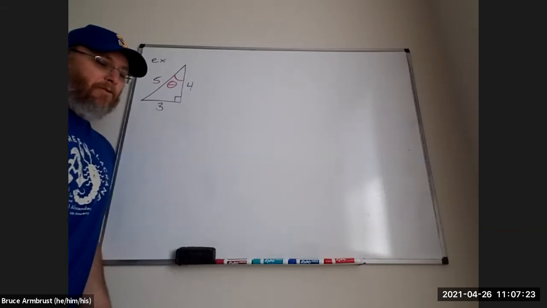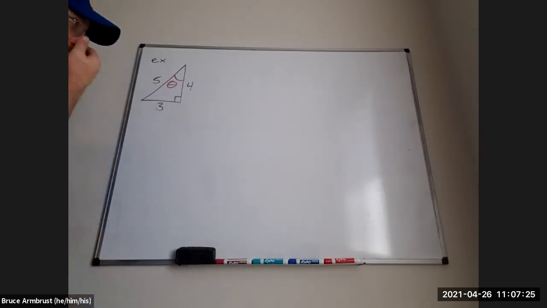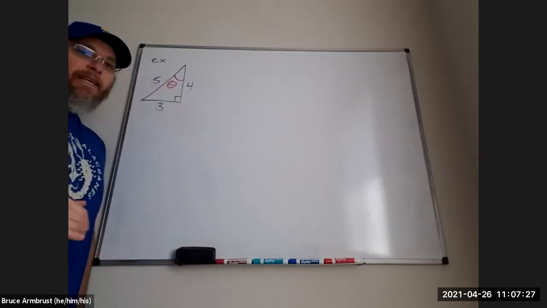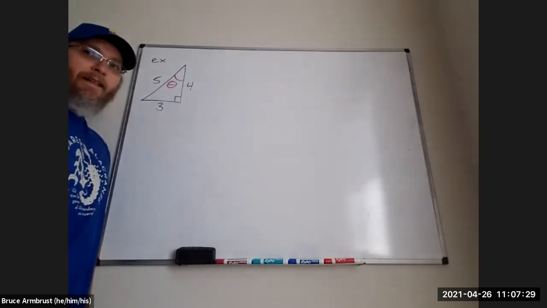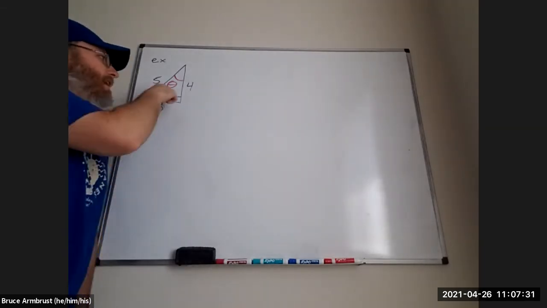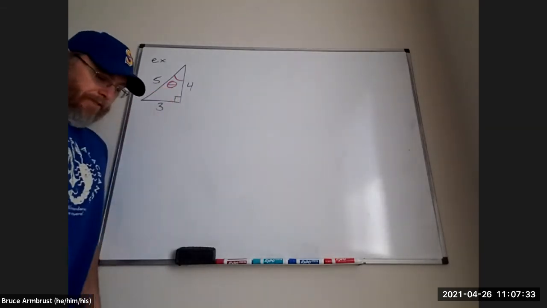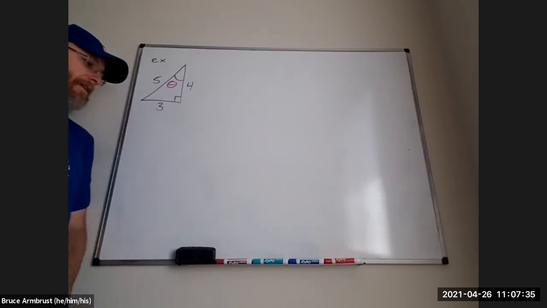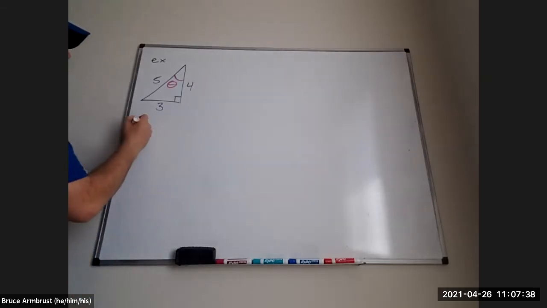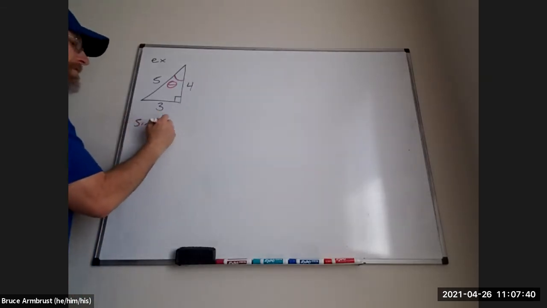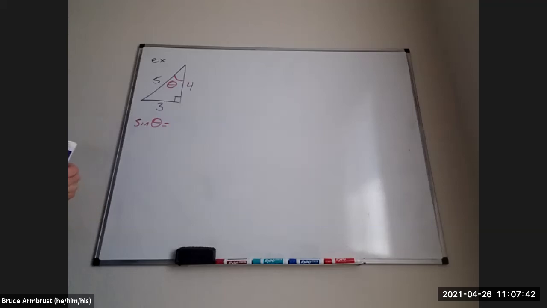Well, what we'd really like to be able to do, though, is think about this angle. Can you tell me the trig functions for it? Like, how about this? What's the sine of theta? What's the value for the sine of theta here? You can type it in the chat box or yell it out. 3/5.